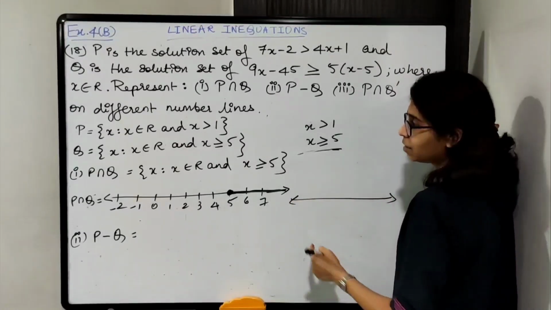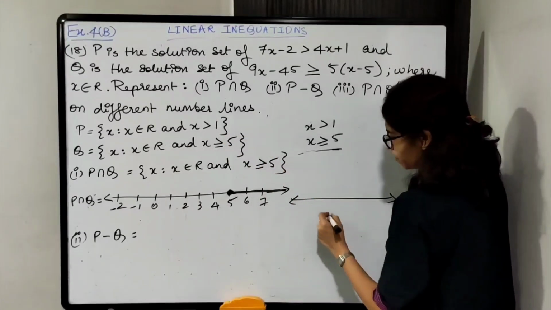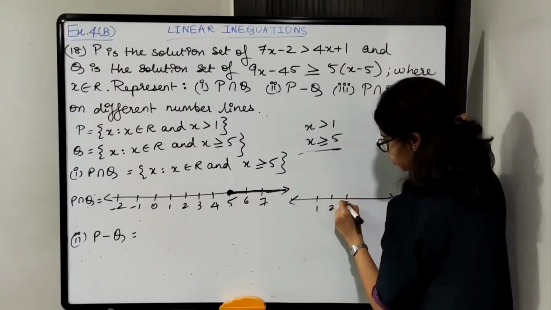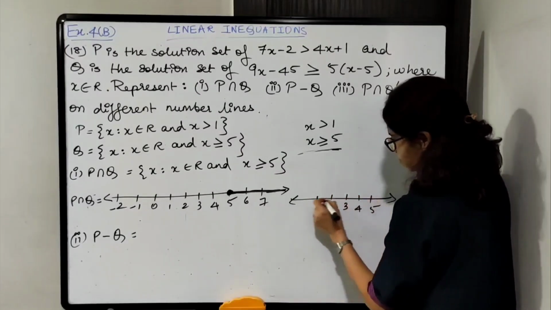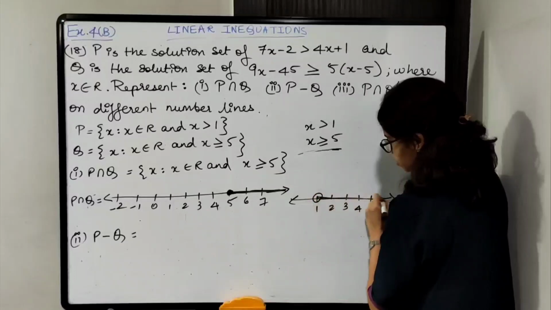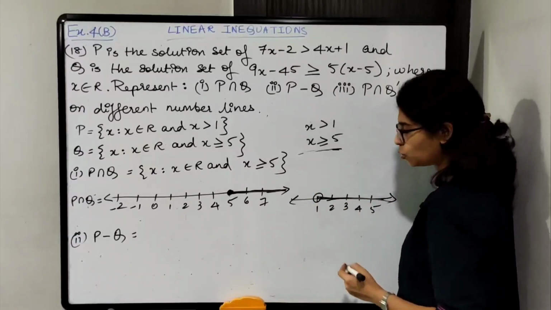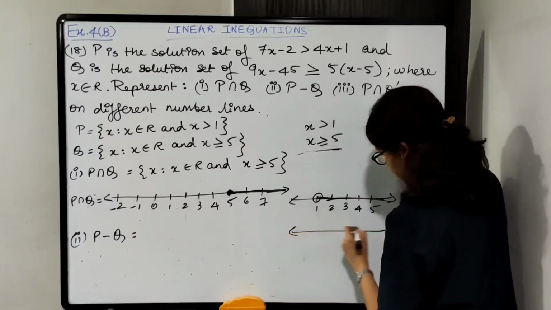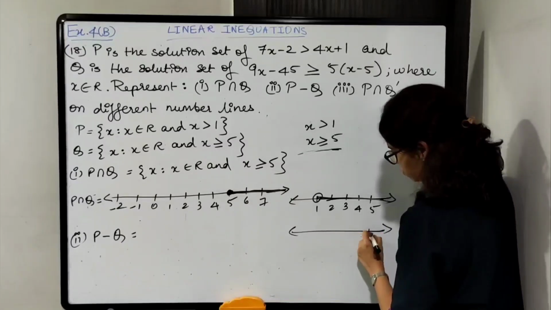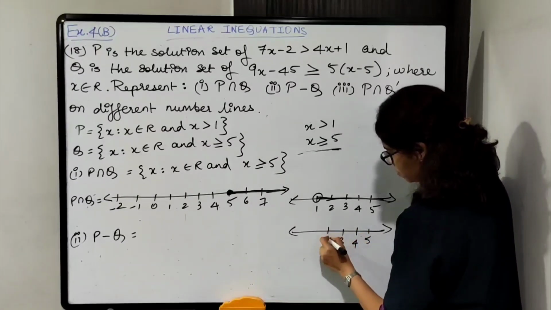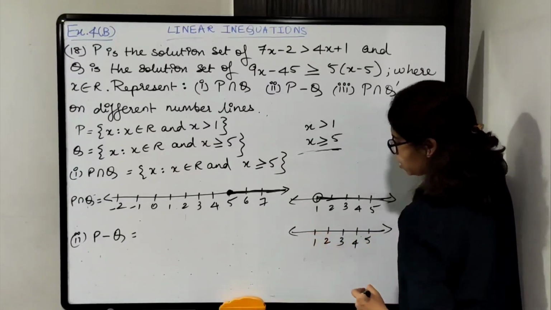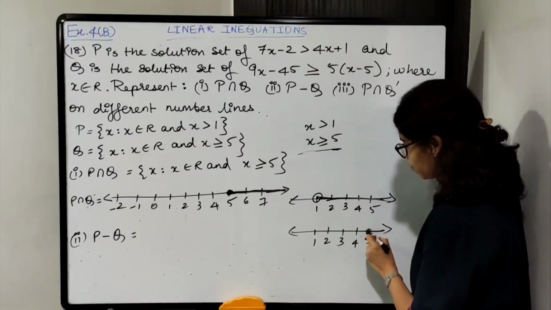Okay, so P, I'll draw again. P is starting from 1. Okay, so 1, 2, 3, 4, 5. 1 से start हो रहा है and Q is starting from 5. So Q is starting from 5. 5 is included.